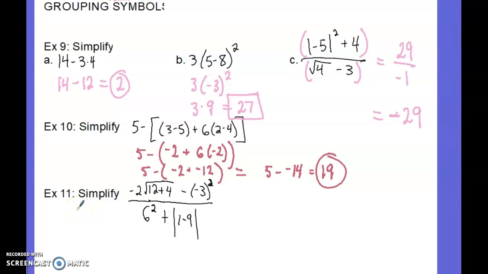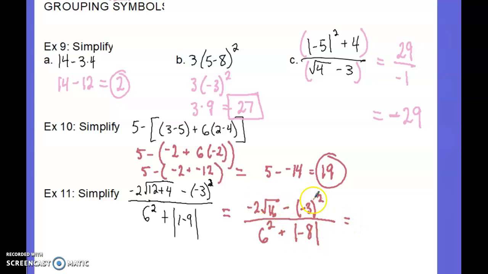This exercise 11 is, again, you have implied parentheses. You want to do 12 plus 4 first, which is the square root of 16. And then you have a grouping symbol down here. That's negative 8.